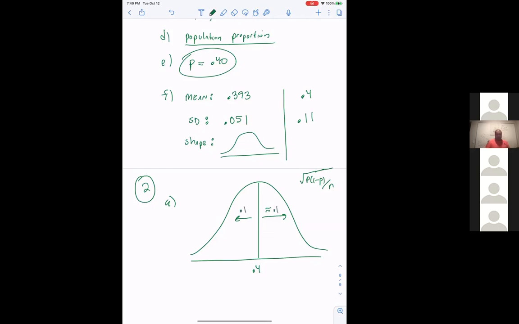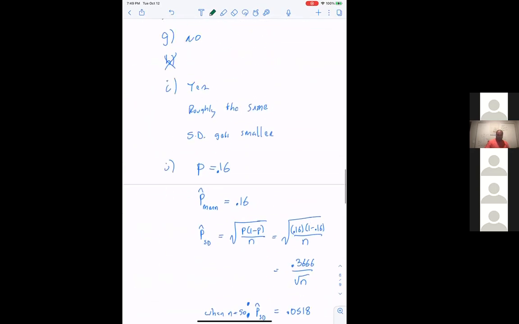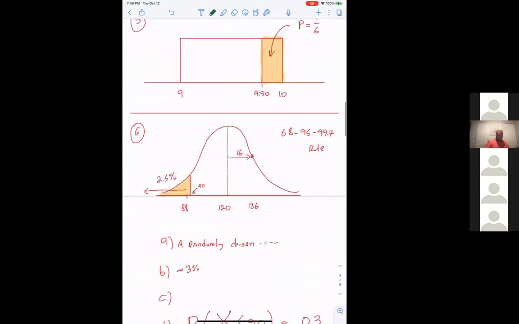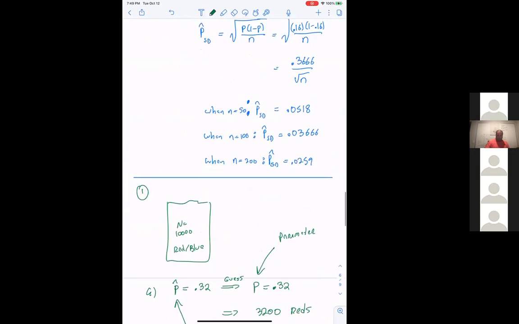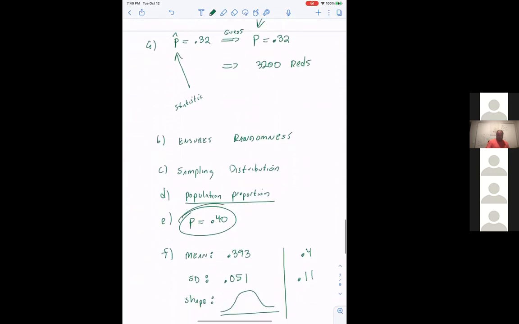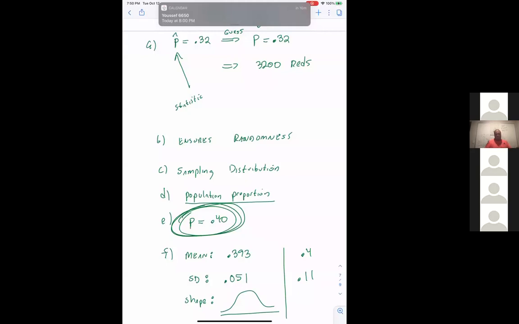So if the deviation is 0.1 in either direction, we know the true value is 0.4, correct? The true value is 40%. That's what they gave us above. If you're within 5% of that, we'll give you $25.